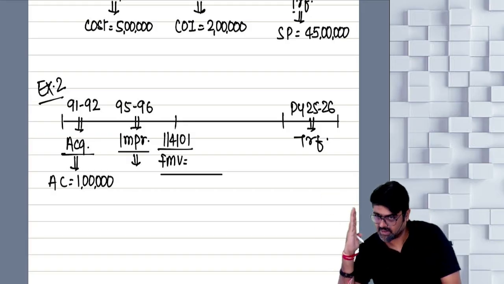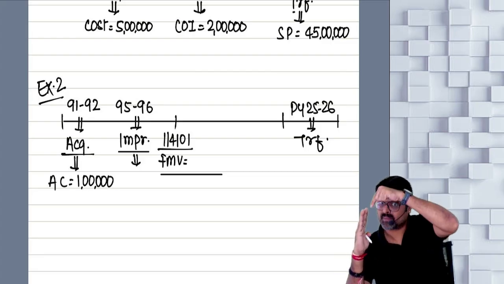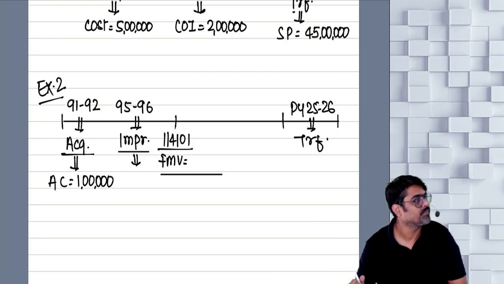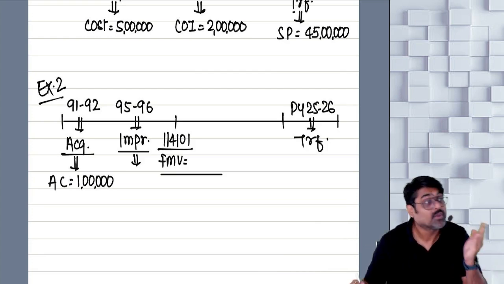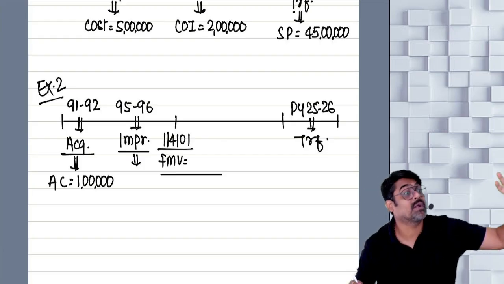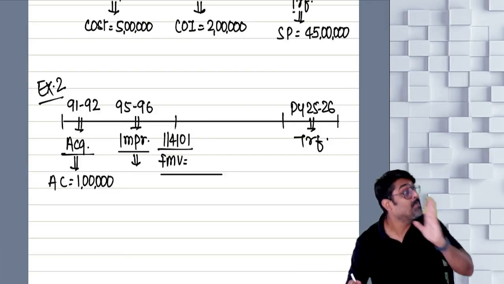So as on 1st April 2001, whatever is the fair market value, don't you think this will be the fair market value of the improved asset? Because the improvement was already done prior to 1st April 2001. So this is not the fair market value of the asset you originally acquired. This will be the fair market value of the improved asset.